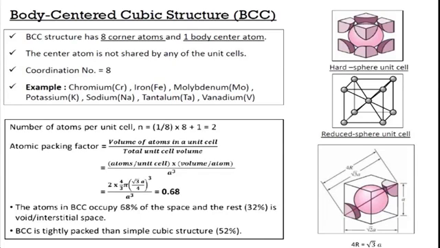Then the atomic packing factor, how would you count it? In this case, the atoms per unit cell is 2, and once again it has the basic structure which is cubic.